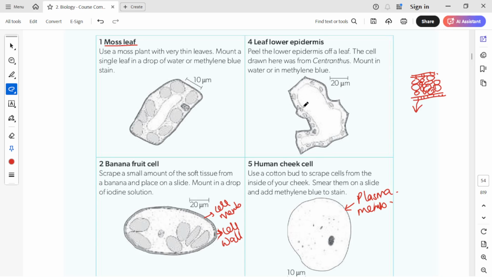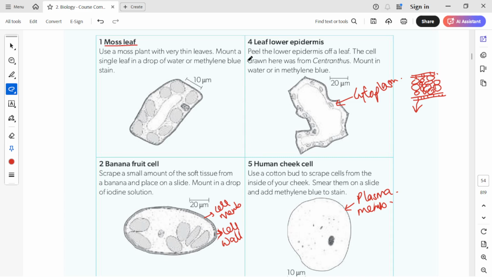This will be the central vacuole, and these are the organelles that can be seen on the outer side, and this fluid-like thing is basically the cytoplasm. Cytoplasm will be present in all of them, whether it is an animal or plant cell. Here also we can see the vacuole, and these are the organelles present in the moss leaf and here in the banana fruit cell.